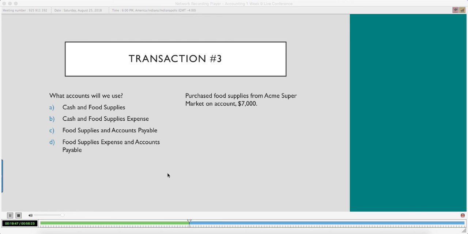We're going to use cash and food supplies expense, food supplies and accounts payable, or food supplies expense and accounts payable.